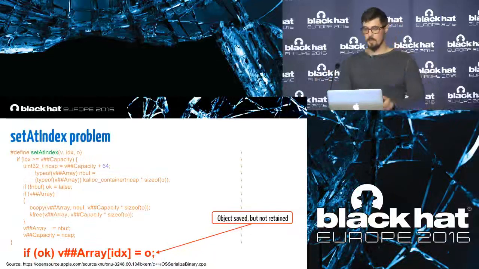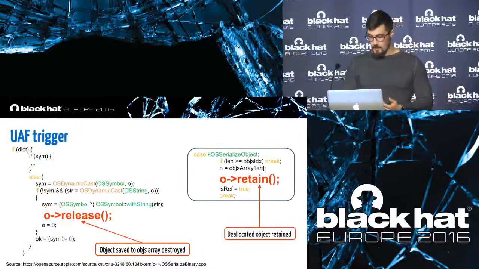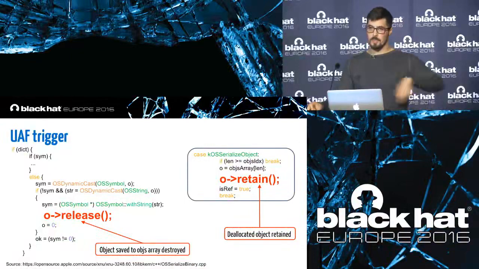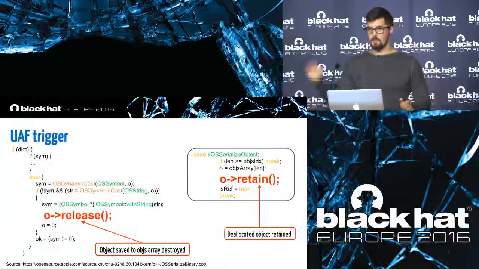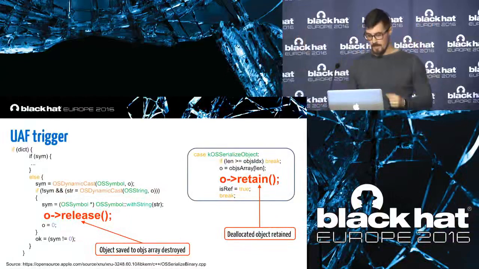And here is a big problem, because it doesn't retain an object or do any other memory management, it just saves a pointer. And unfortunately, what's going on next in the code is casting the OSString to an OSSymbol, we call release on the object pointer, which will lead to object deallocation. So the object is deallocated, but the objects array still has a reference to it. If you can somehow use it, it will be a use-after-free.